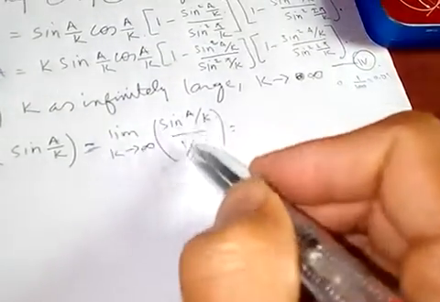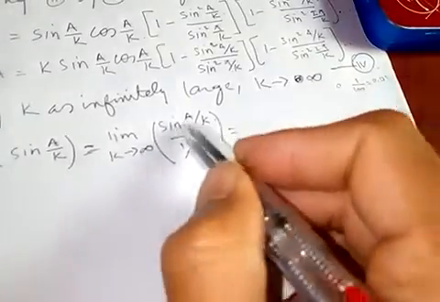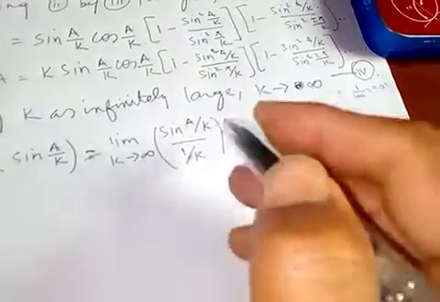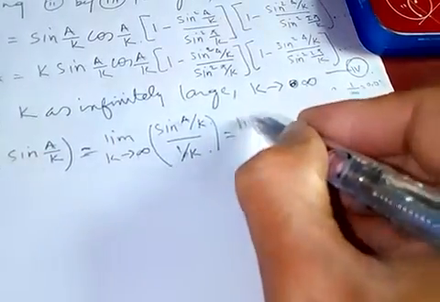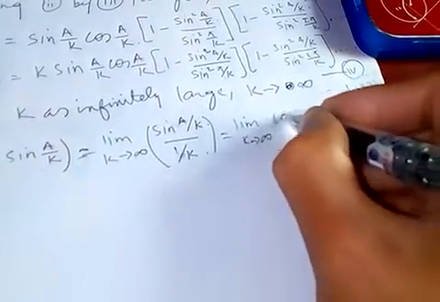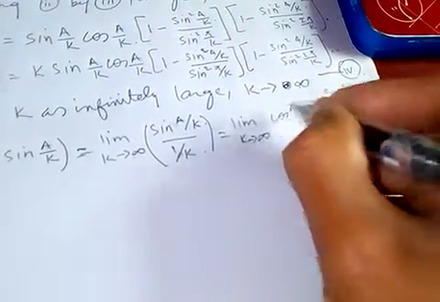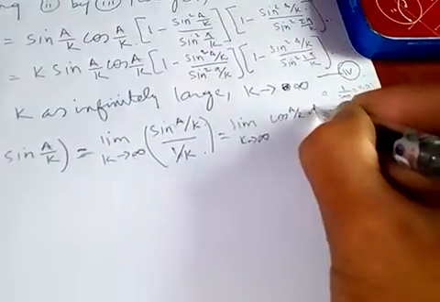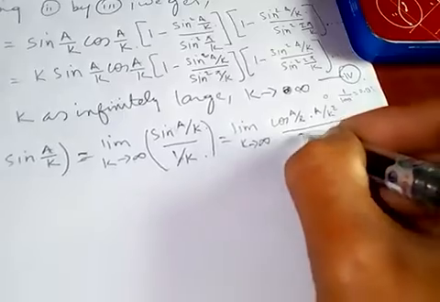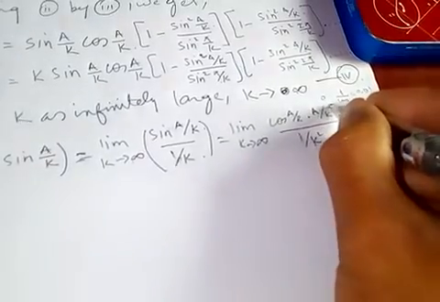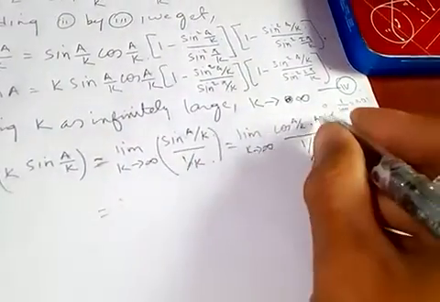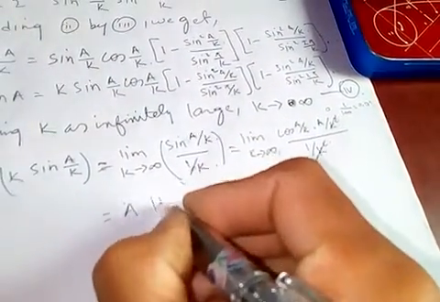For L'Hospital rule, you take the differentiation. The differentiation of sine is cos a over k, and a is treated as a constant, over k square, and here also 1 over k square. This k square and this k square cancel, and a is treated as a constant, so it comes out here.